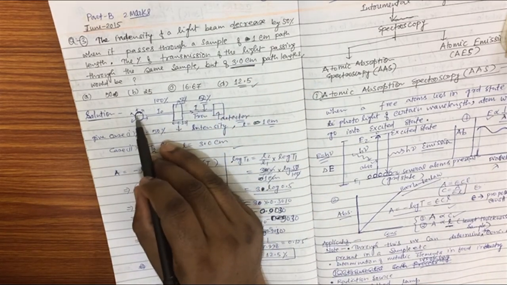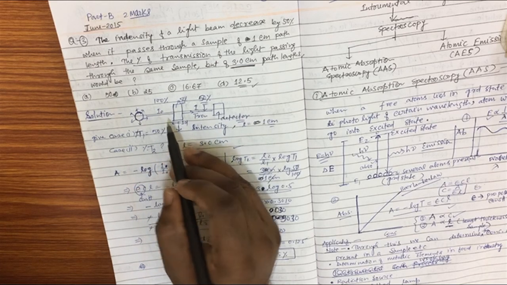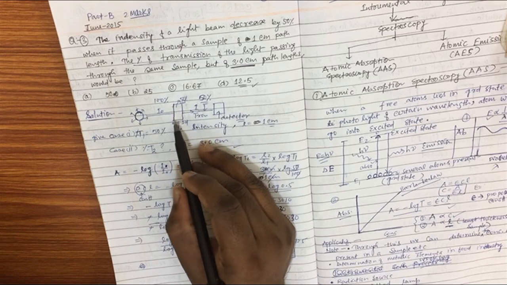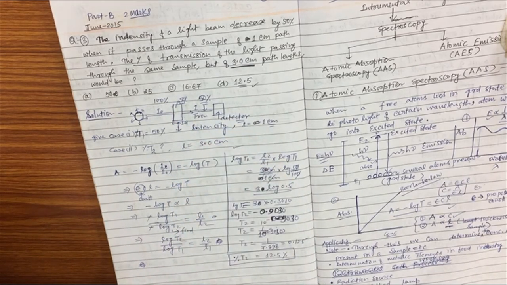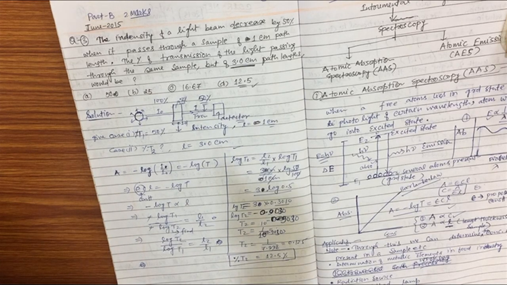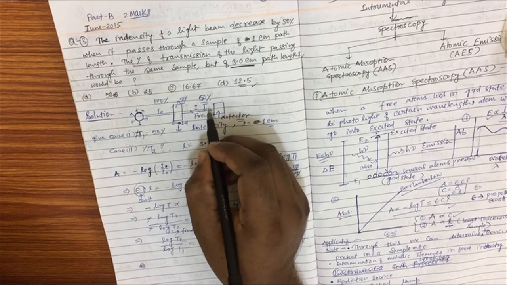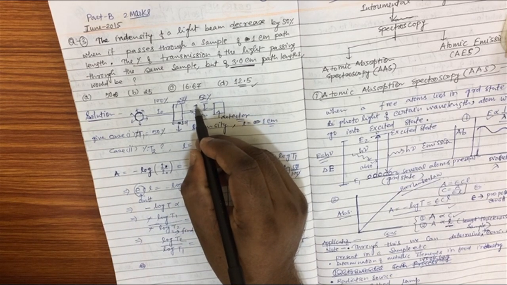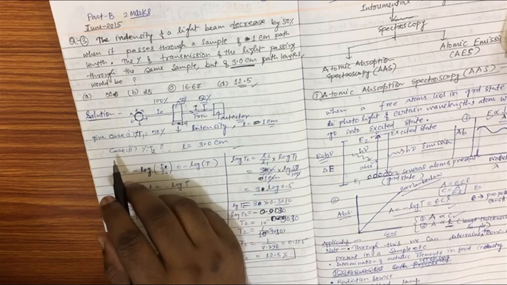So here is the diagram. Here your light source intensity I0 is coming. This is the cuvette cell. Here it is already given that path length is 1 centimeter, and the transmitted intensity I becomes 50%, and this is the detector.